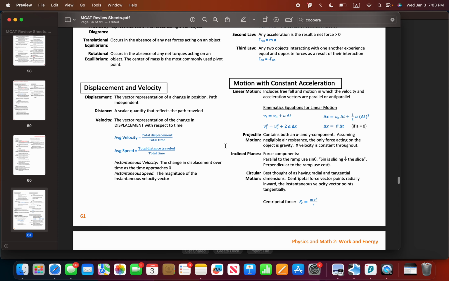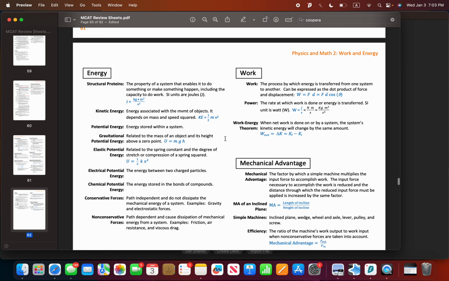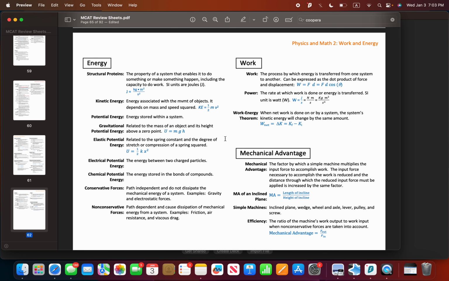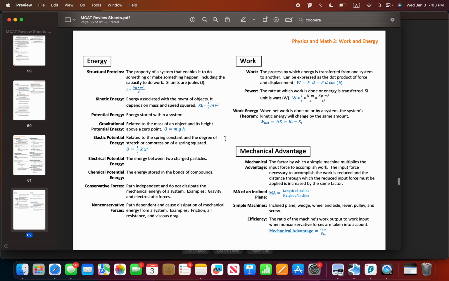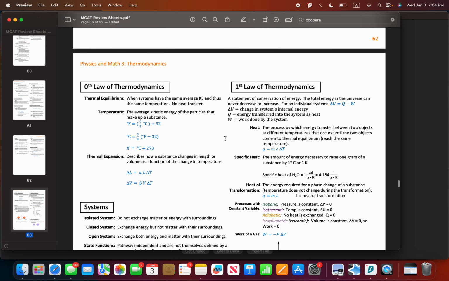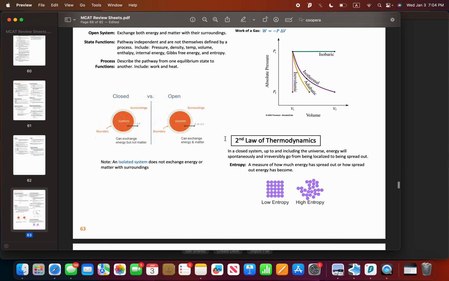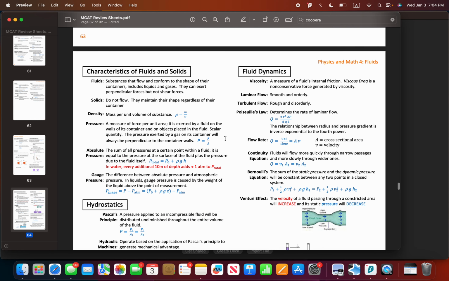I personally did a relatively good job on my physics and chemistry, but still I felt that I could improve my chemistry part. But about physics, as we can see, there is thermodynamics. Here we have fluids.